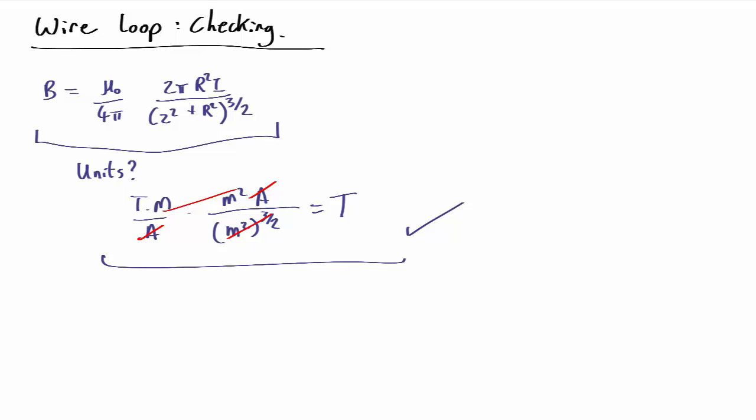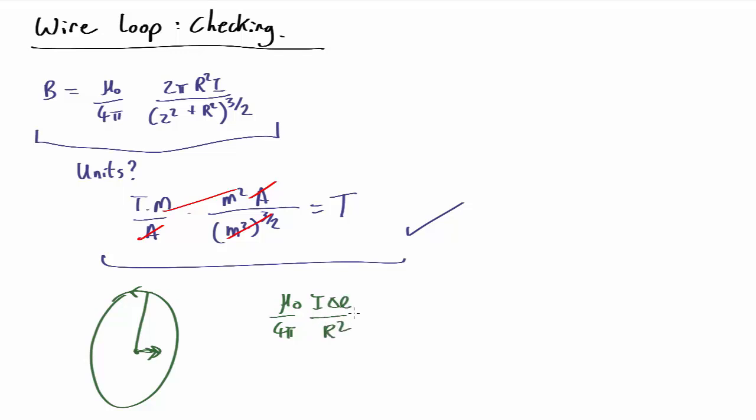Well, the most obvious limiting case would be right in the middle of the wire loop. So if we have a wire loop here and we're trying to measure the magnetic field right in the middle, well, in this case, all bits of the wire, their current flowing like this, they're all going to give you a magnetic field that goes at right angles like that. And we know what that magnetic field from a bit of a wire is from the Biot-Savart law. It's going to be mu naught over 4 pi, I delta L over R squared.